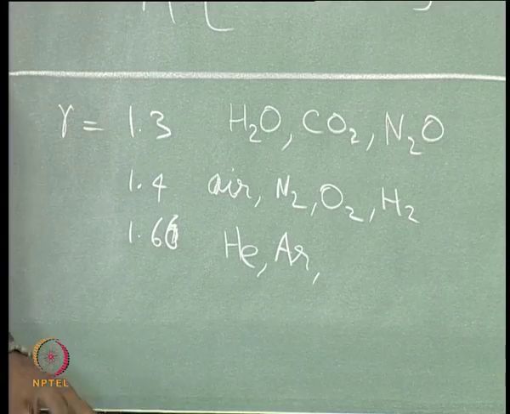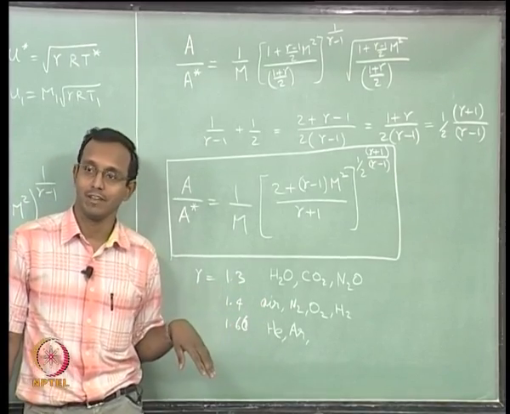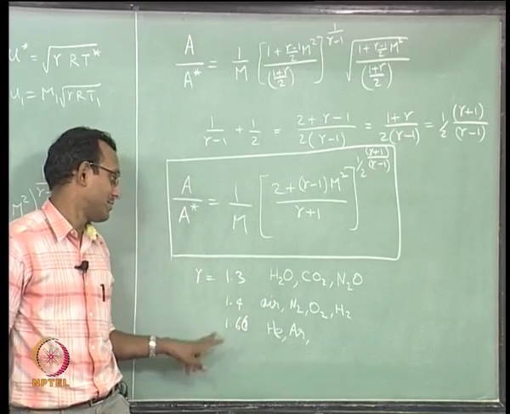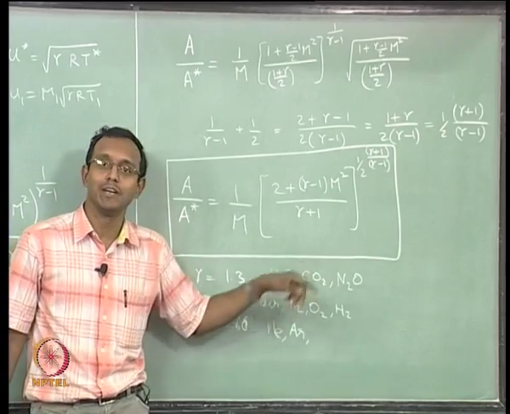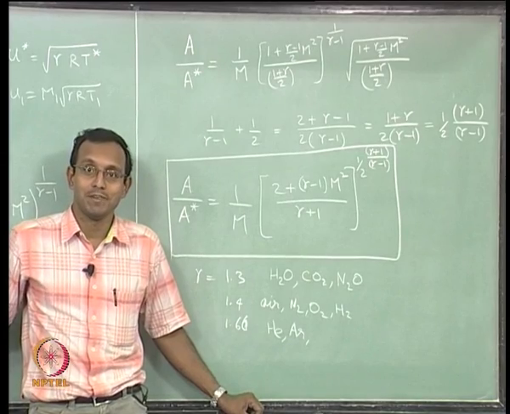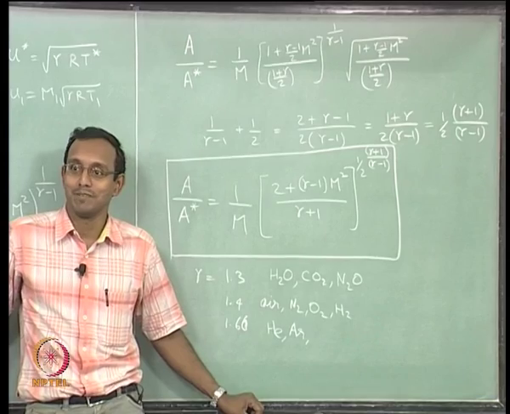It will roughly work, 1.3 is close enough. So people have listed these three very common values. Why are we interested in these gases, H2O, CO2, N2O? Where do we see them in real life? We breathe carbon dioxide, but that is not the main thing.